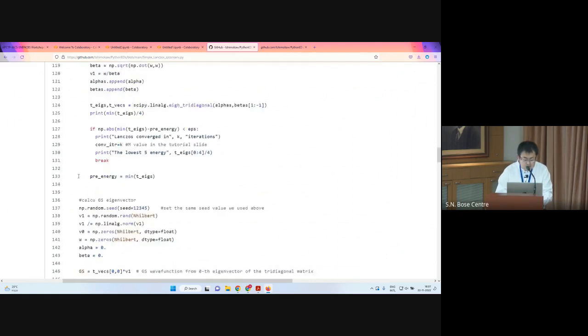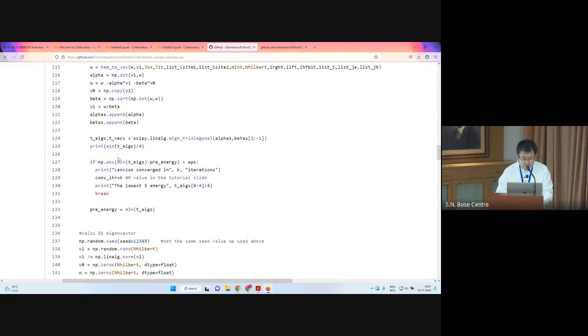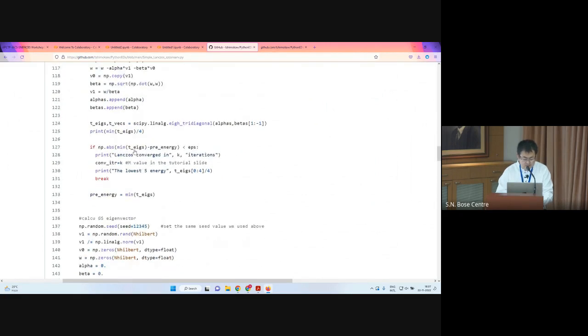After getting the eigenvalues and eigenvectors from diagonalizing the tridiagonal matrix, you can get the approximate eigenvalues of the original Hamiltonian. The minimum eigenvalue, that means the lowest eigenvalue, is approximated at the moment.